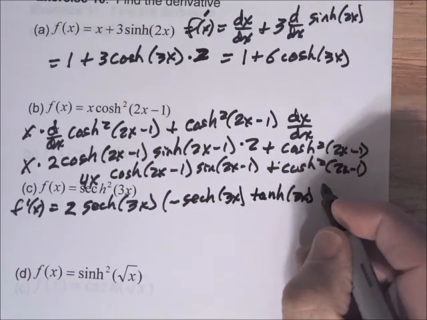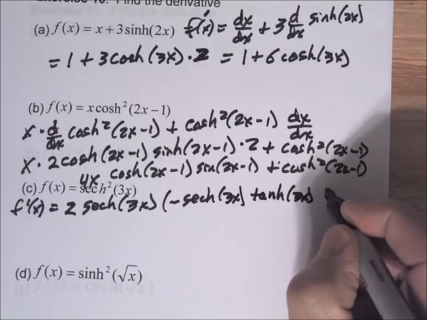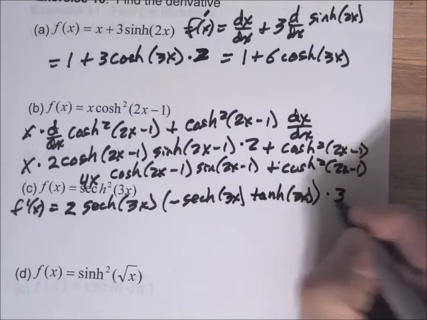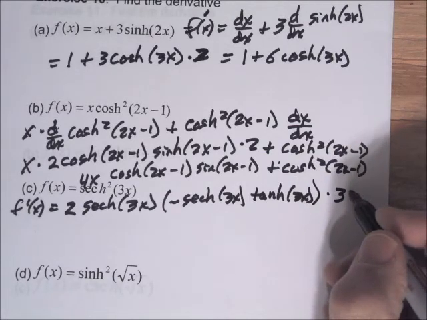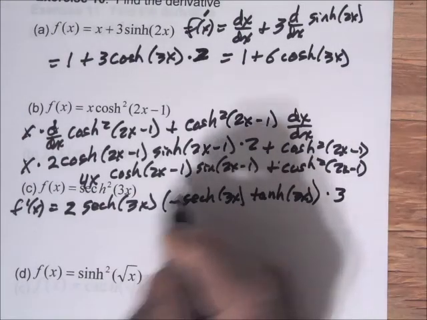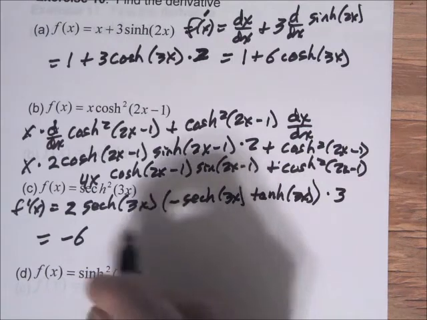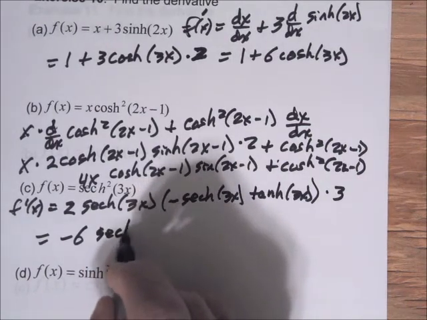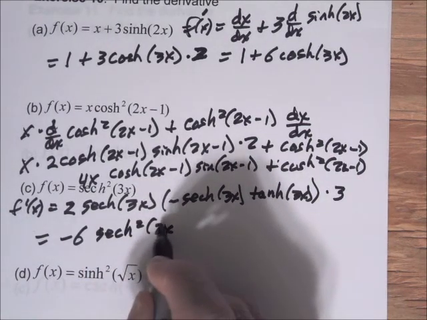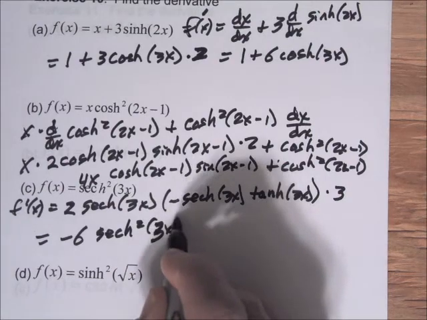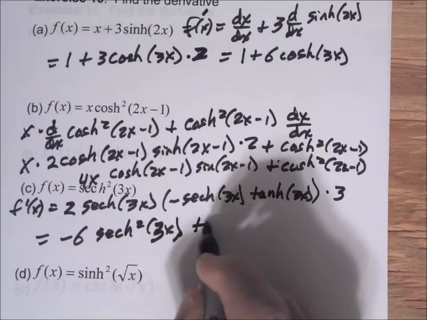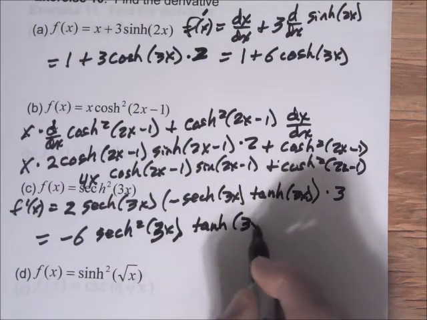And then the derivative inside, derivative of 3x is 3. So this is times 3. So 3 times 2 is 6, and then we can bring the minus sign out in front. Minus 6. Sech times sech is sech squared of 3x, and times tanh of 3x.